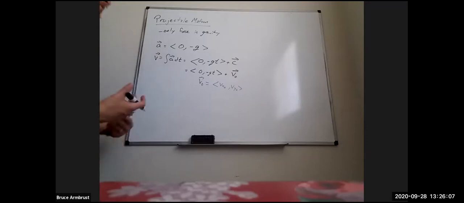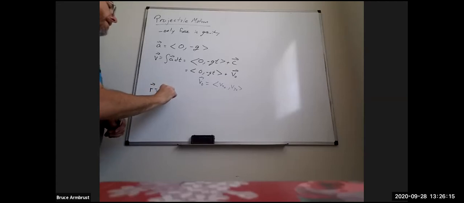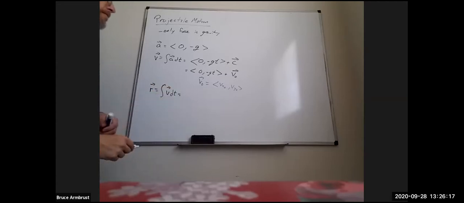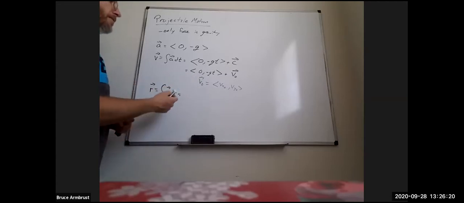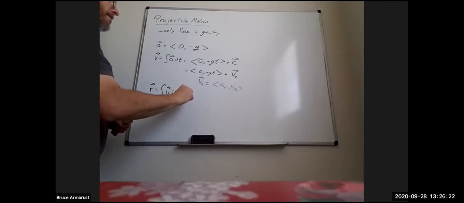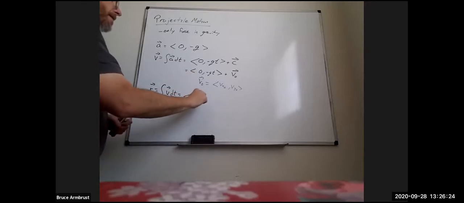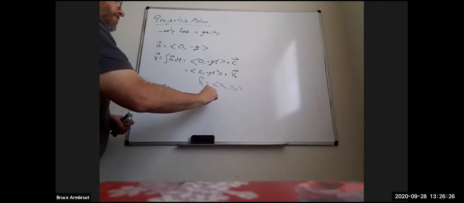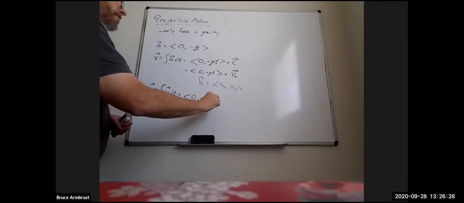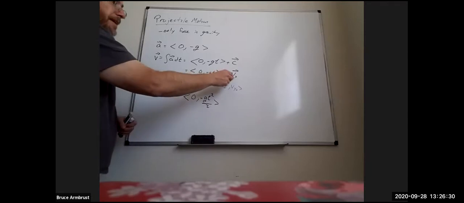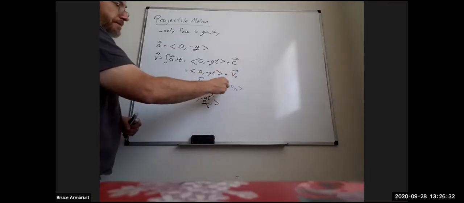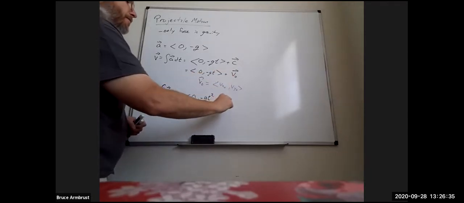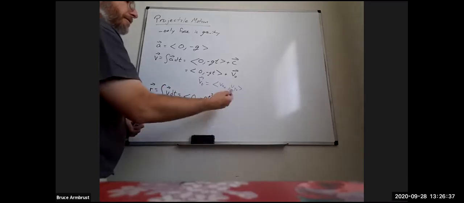All right, so there's going to be our velocity vector, which then means if we want to get our position vector, we just have to integrate again. We're going to integrate the v this time. So if we integrate this thing with respect to t, again, we're going to get a 0, a minus gt squared over 2. This v naught, it's a constant vector, which means that constant goes along for the ride as we integrate.